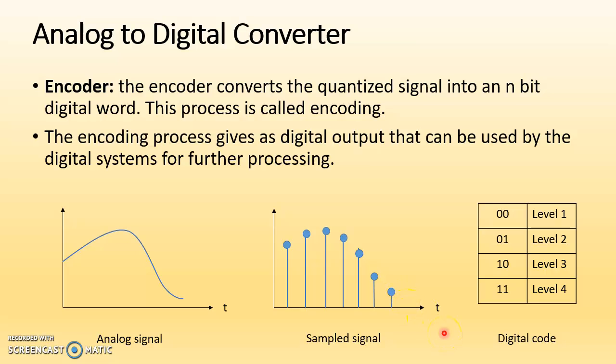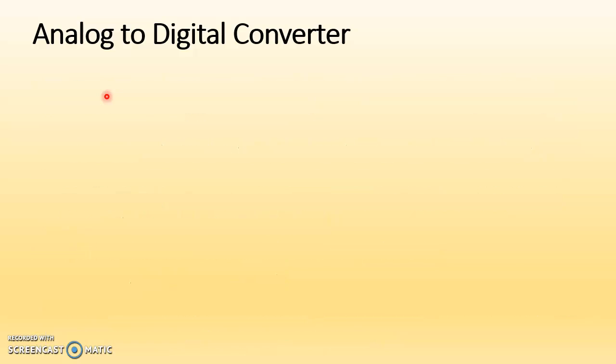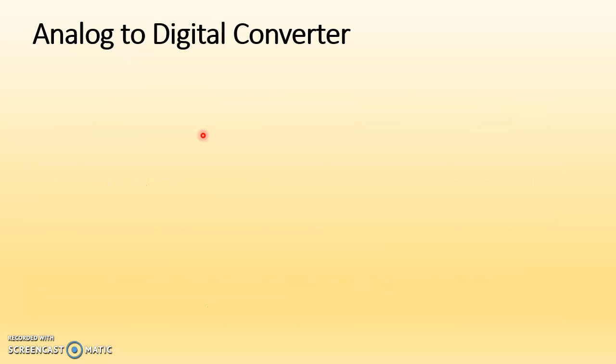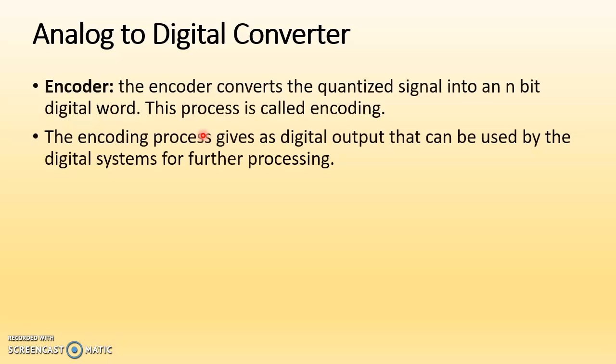Then at the end of the encoder, there will be a digital code 00 01 10 11. So this is digital level 1, 2, 3, 4. This is how the analog to digital converter converts the input analog signal into the output digital signal. This is the generalized block diagram for an analog to digital converter. It has three elements: sampling, quantization, and encoding.